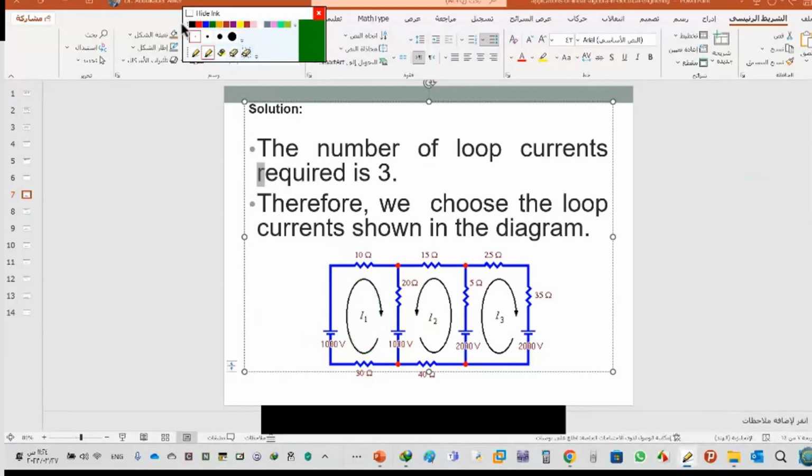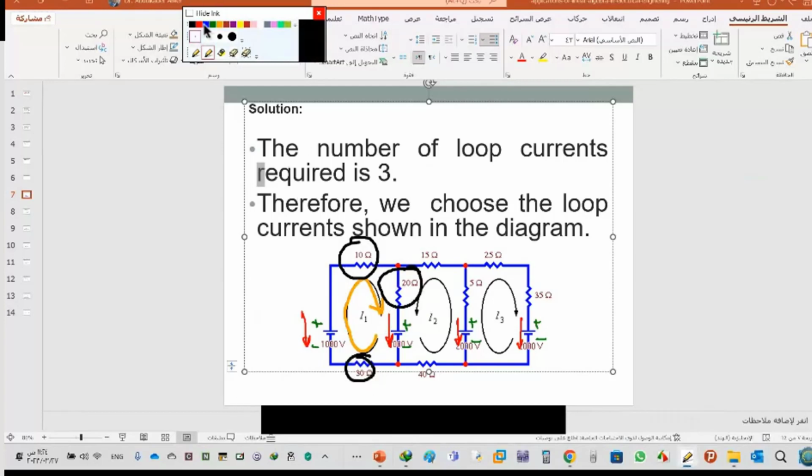Okay. Before starting, let's go to the battery. Battery positive, negative, positive, negative. Then we have direction from positive to negative. Now go to I1. I1 passes through this and this and this.